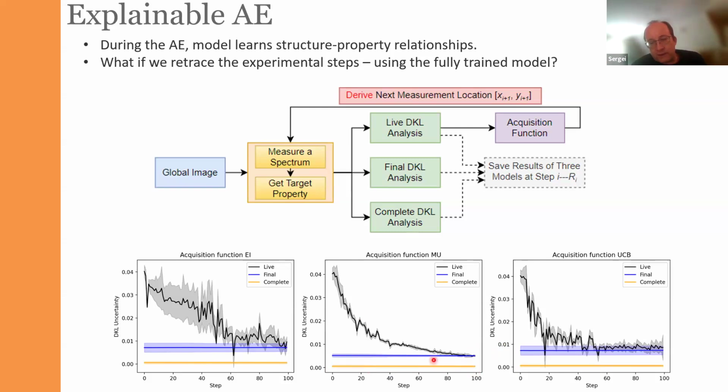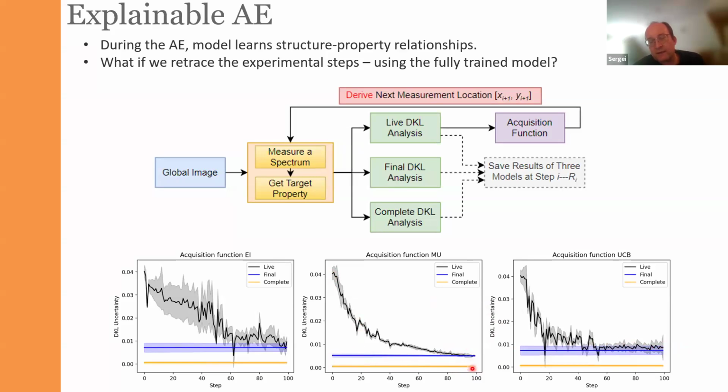The blue line is relatively easy to understand. It is the state of the learning of the model by the end of the actual experiment. Here we have 100 experimental steps, so the blue line and the black line coincide at point number 100. That's actually what the system learned by the end of it. This provides the metrics of how much we knew by the end of the experiment and how much we could have known if we had access to the full data set.